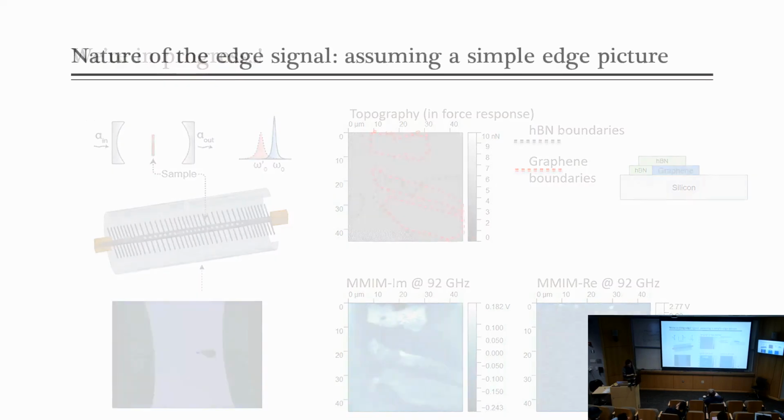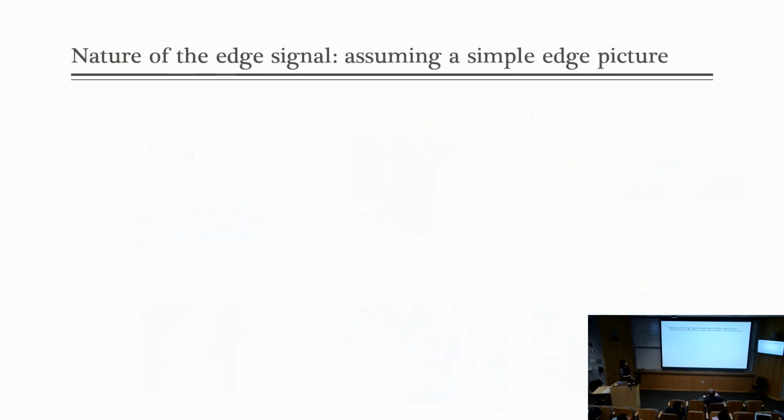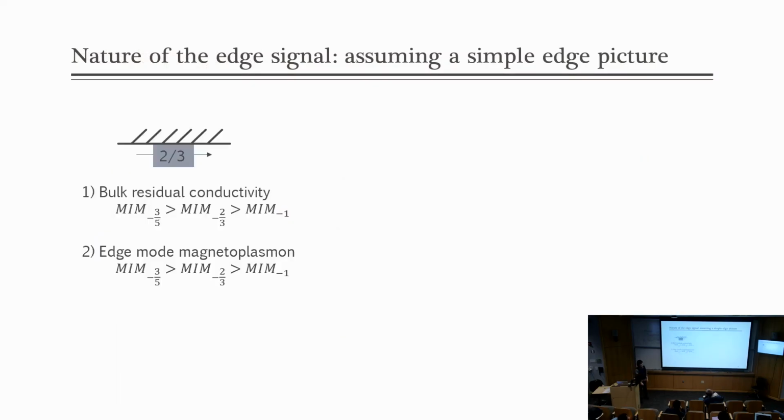Okay, and back to the edge picture. What the signal is telling us is actually two parts. One part is the bulk residual conductivity, and the other part is the edge mode magnetoplasma. This part has to do with sigma xx, and this part has to do with sigma xy. We can first assume that the edge is just a very simple 2/3 edge with a conductivity.